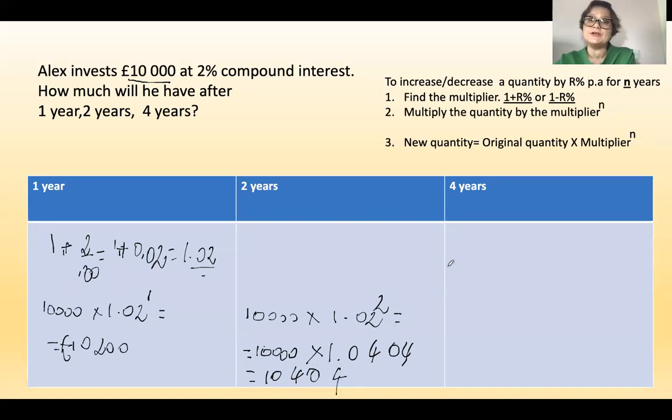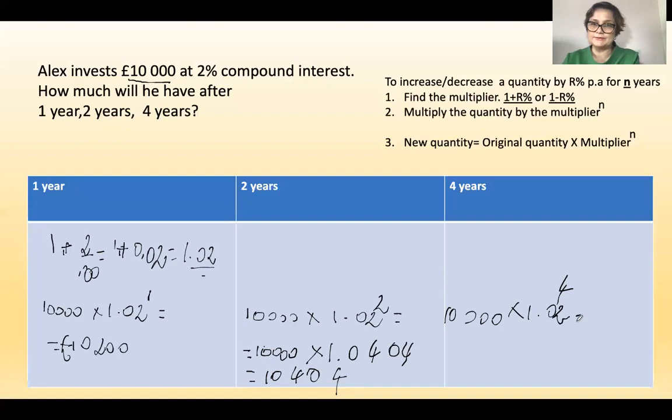Now, after 4 years, again, the multiplier is exactly the same. But what changes, again, is the number of years. So we're not going to have to the power of 2, we are going to have to the power of 4. So there you go. We have £10,000 times 1.02 to the power of 4.